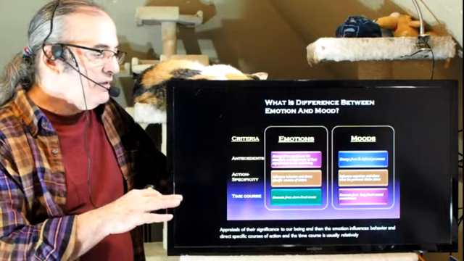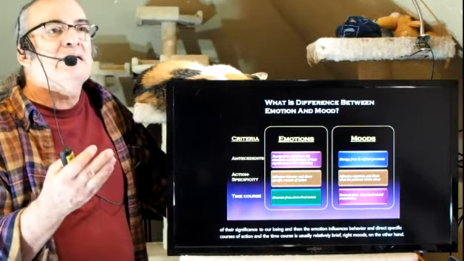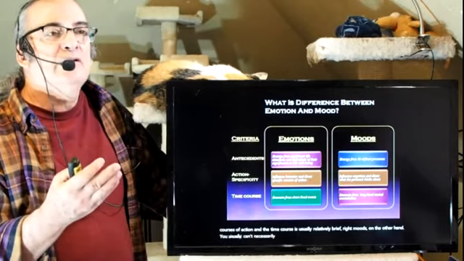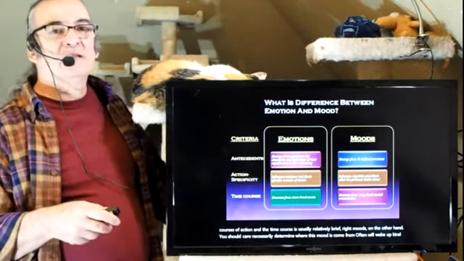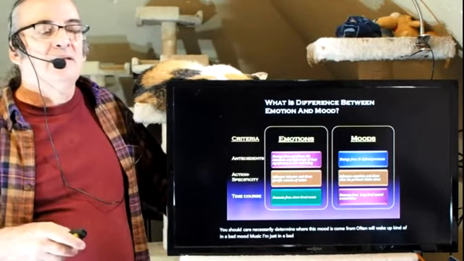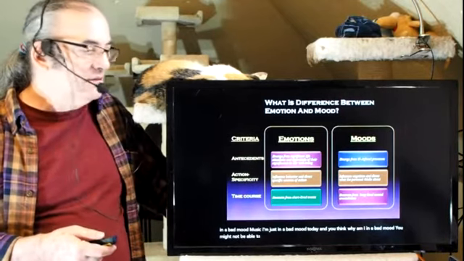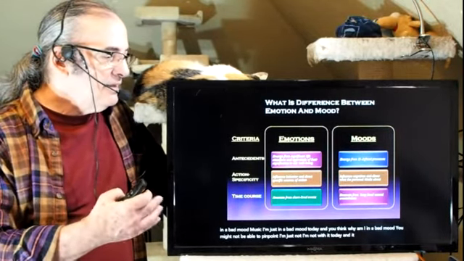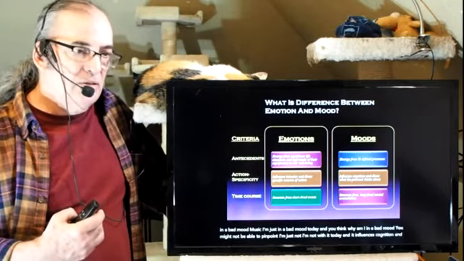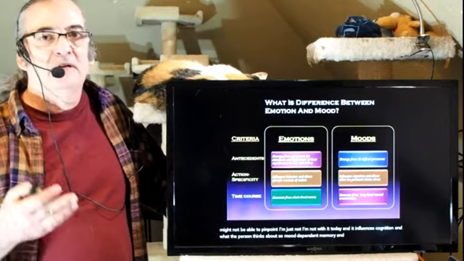Moods, on the other hand, you usually can't necessarily determine where the mood has come from. Often we'll wake up in a bad mood and say, God, I'm just in a bad mood today. And you think, why am I in a bad mood? You might not be able to pinpoint it. I'm not with it today. And it influences cognition and what the person thinks about. So mood-dependent memory and mood-dependent cognition are quite common.